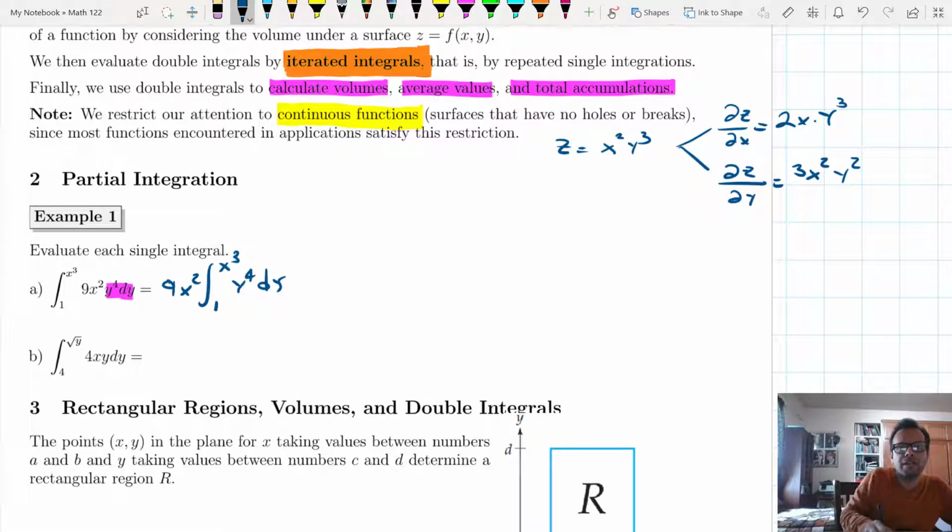We're going to focus on integrating the function y to the 4th with respect to y. To integrate that function, we only require the general power rule.